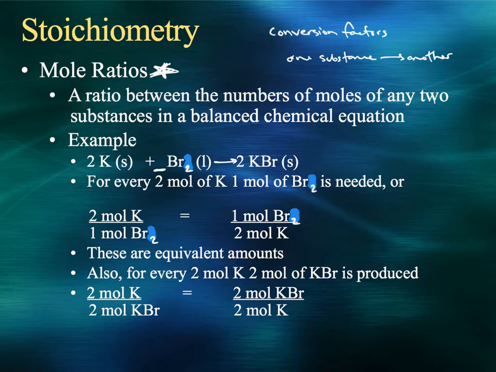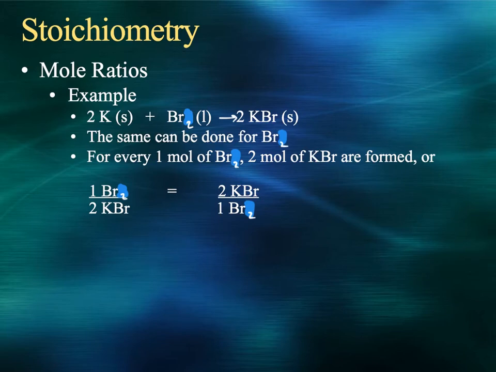Also, for every 2 moles of potassium that you have, you could make 2 moles of potassium bromide. So same thing, 2 moles of K for every 2 moles of KBr, and you could flip that, 2 moles of KBr for every 2 moles of K. Continuing on with that example, you can also do the same thing for bromine.